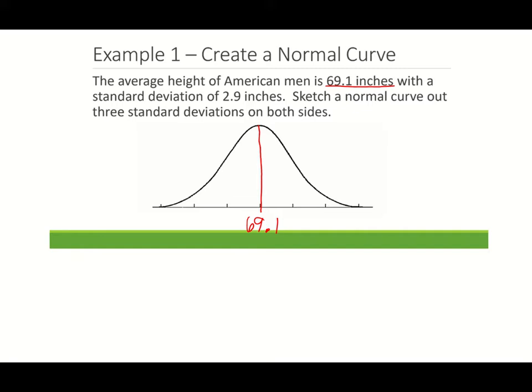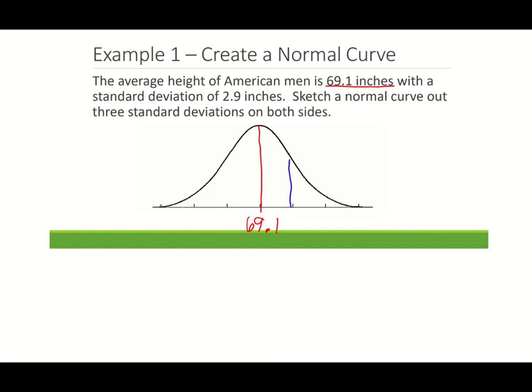So now we want to use our standard deviation to go 3 standard deviations to the left and to the right. If we're going to the right, we're going to add our standard deviation. If we're going to the left, we're going to subtract it. So to go to 1 standard deviation above the mean, I'm going to add my standard deviation.